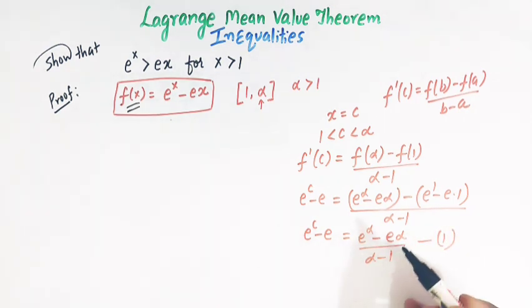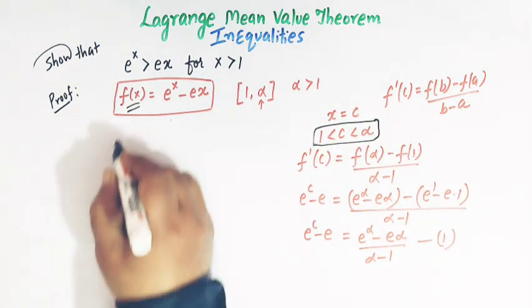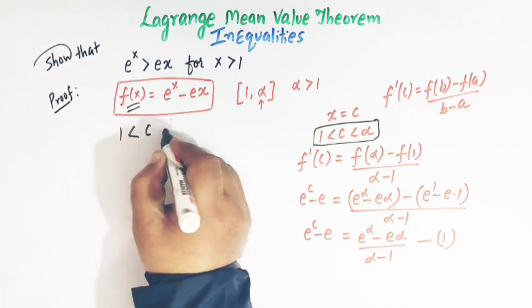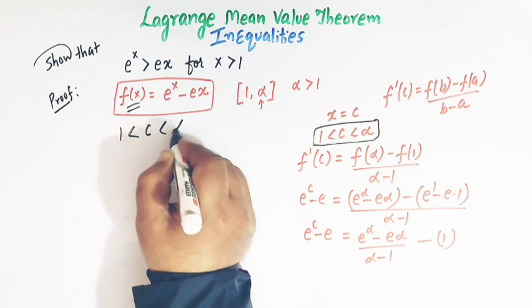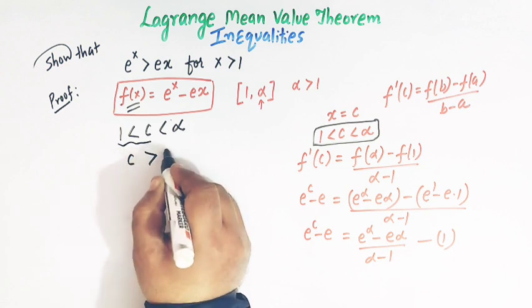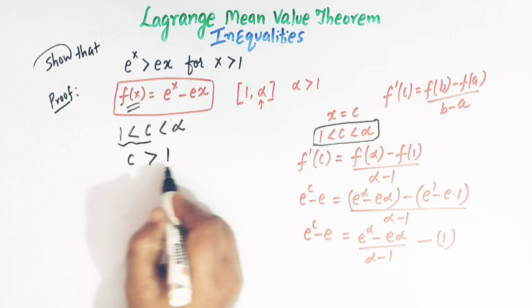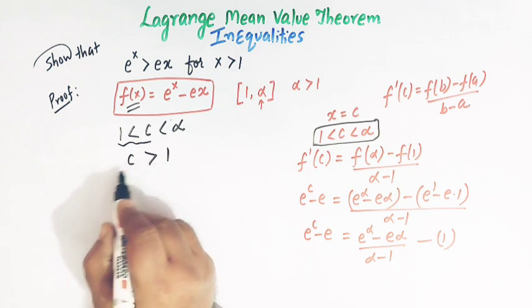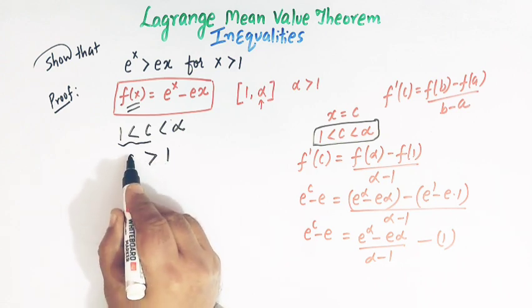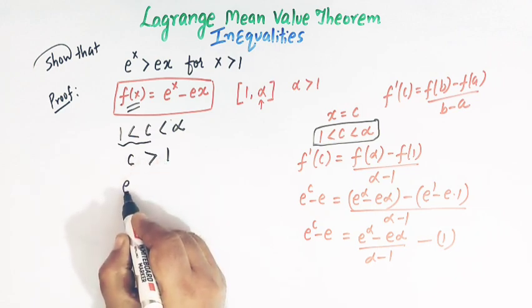So now to move further, let us concentrate on this inequality, right? Here we have c greater than 1 but less than alpha. So we'll take this part. So c is greater than 1. When c is greater than 1, we can take the exponential power here. That is, we can raise c and 1 to the power of e.